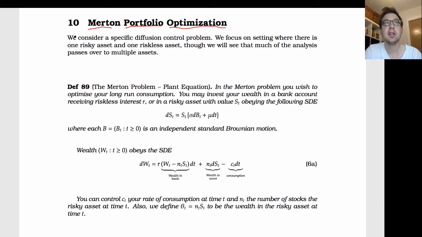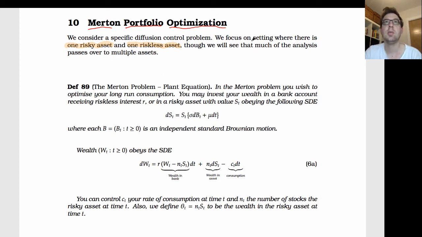So we're going to consider a specific diffusion control problem, and we're going to focus on the simpler setting where we have one risky asset. That's going to evolve as a stock price would, as some sort of geometric Brownian motion. And one riskless asset, so here we've got something like a bank account which gives us a fixed rate of interest.